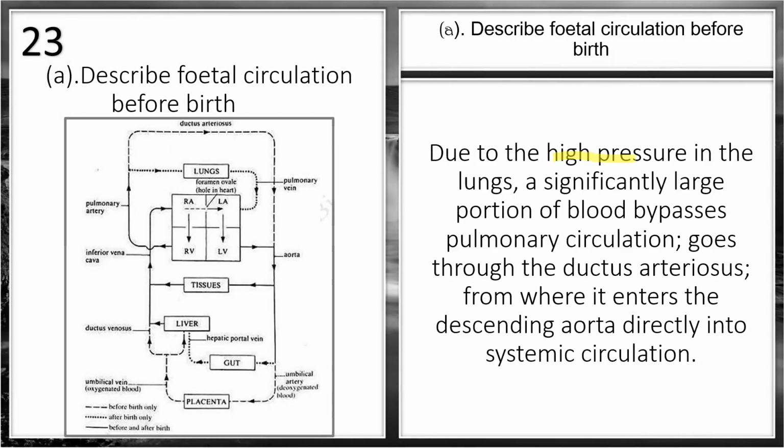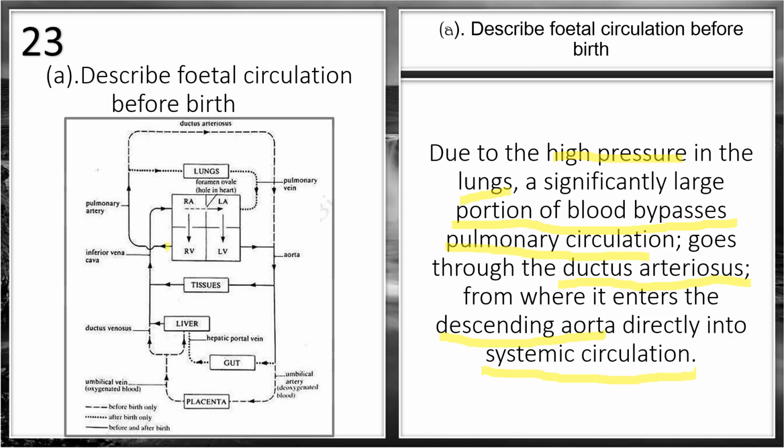Due to high pressure in the lungs, a significantly large portion of blood bypasses the pulmonary circulation and goes through the ductus arteriosus, from where it enters the descending aorta directly into the systemic circulation.